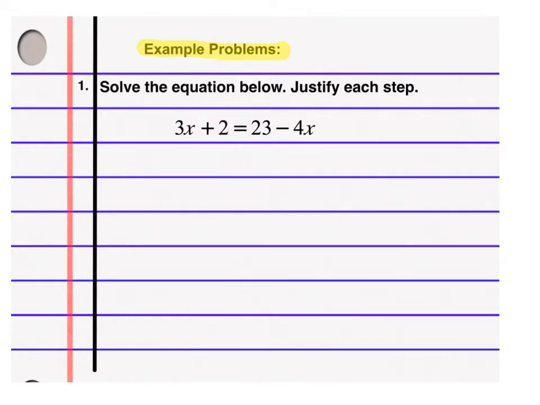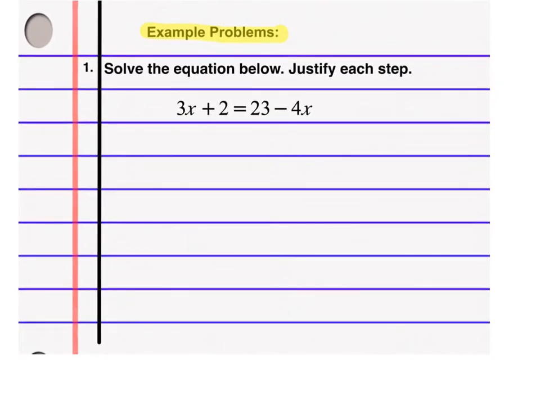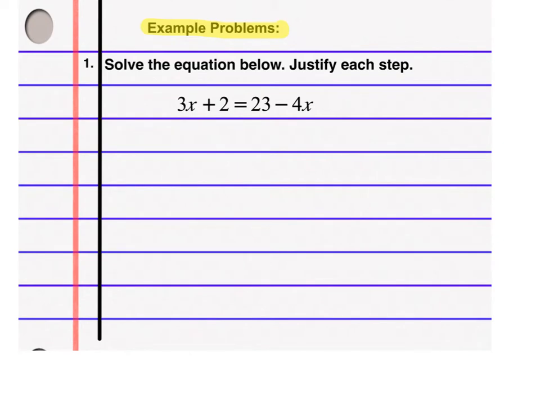We're working on writing an algebraic proof of how you solve this equation. So what we're going to do is set up a table. It's going to say equation over here, explanation and reason.